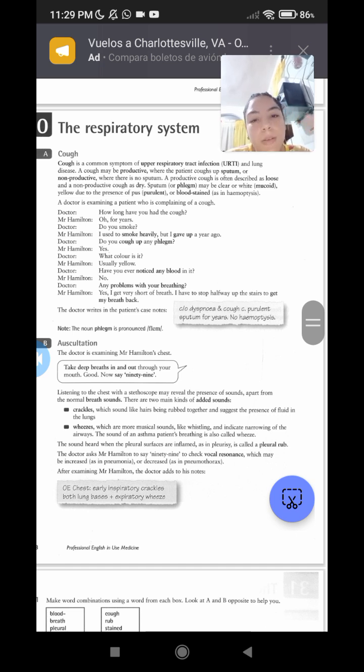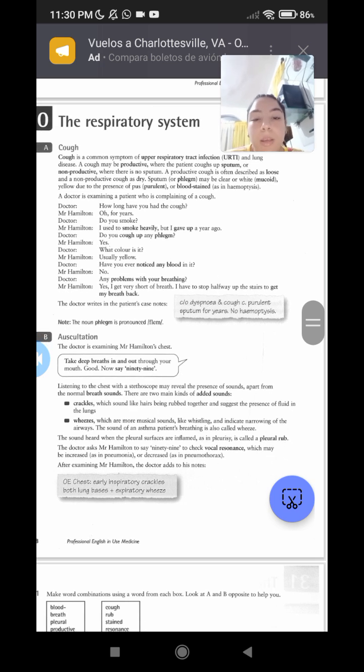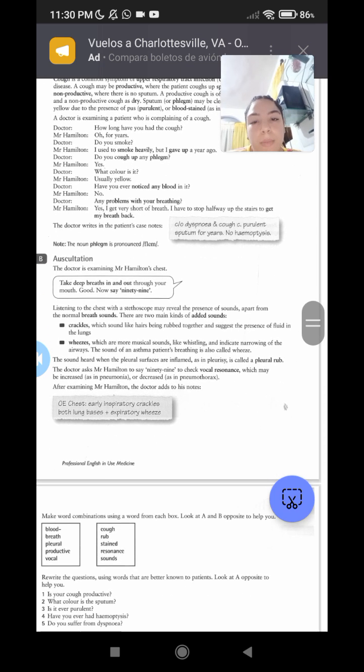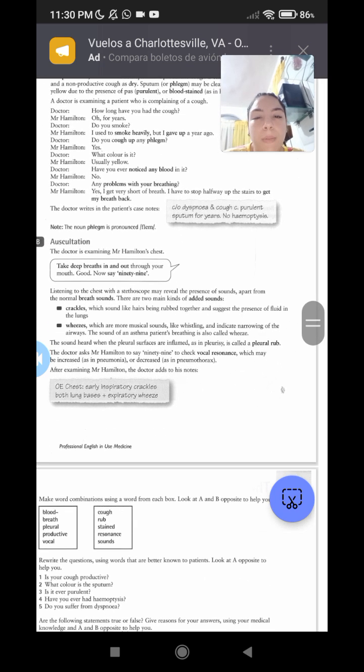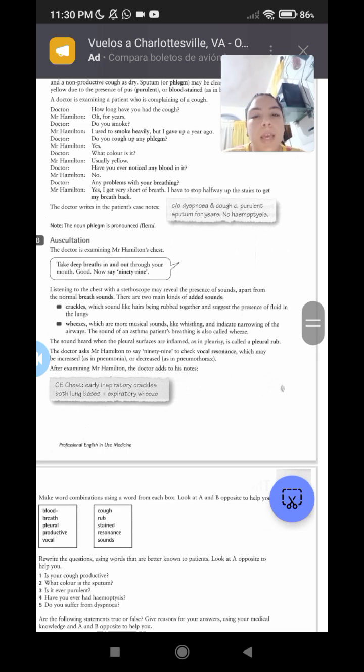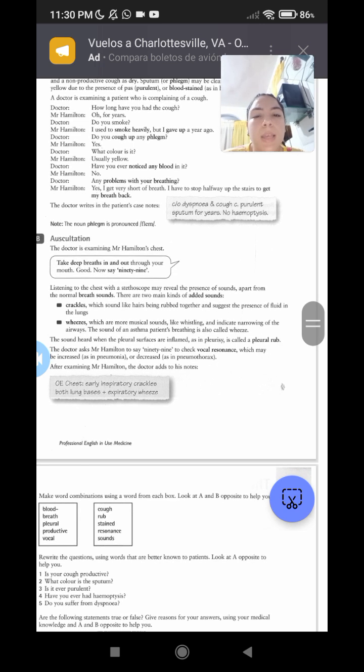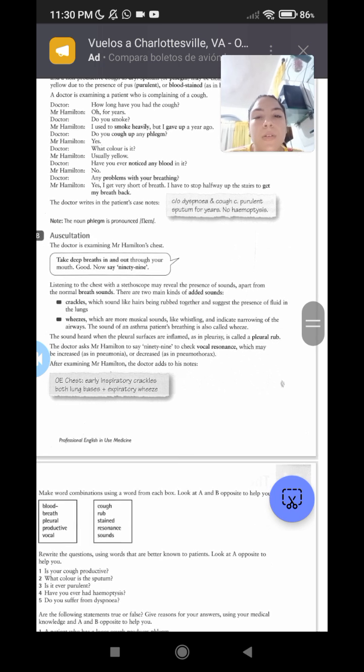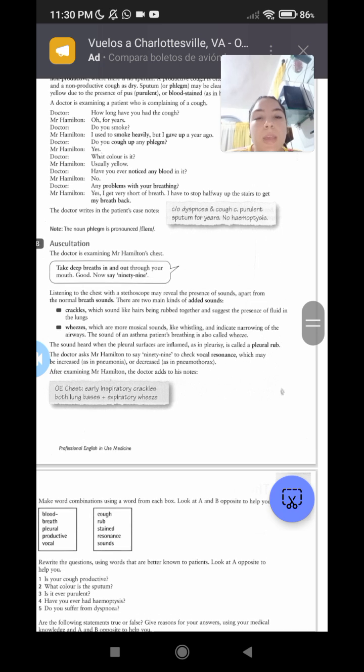Mr. Hamilton: Yes. Doctor: What color is it? Mr. Hamilton: Usually yellow. Doctor: Have you ever noticed any bleeding? Mr. Hamilton: No. Doctor: Any problems with your breathing? Mr. Hamilton: Yes, I'm getting very short of breath. I have to stop halfway up the stairs to get my breath back.